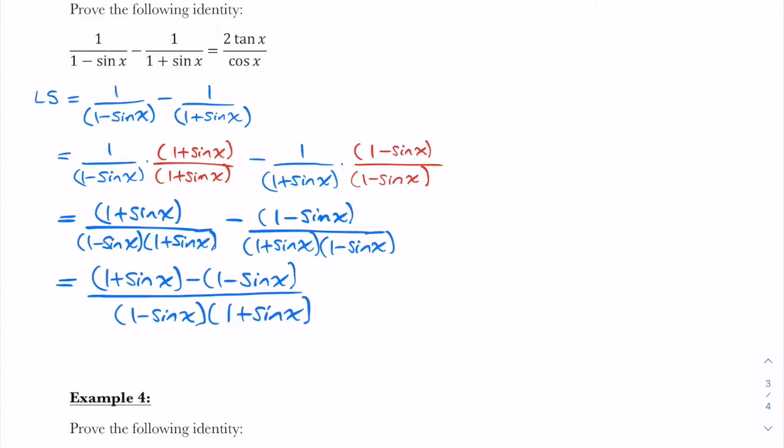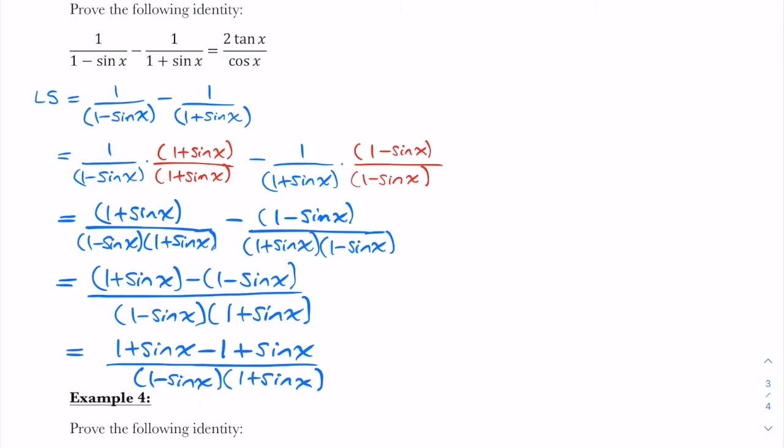Just like what we did back in Unit 1, we're going to simplify the numerators. So let's go ahead and collect like terms in the numerator. We have 1 plus sine x, take away 1, take away negative sine x, which turns into positive sine x, all divided by our common denominator of 1 minus sine x multiplied by 1 plus sine x.